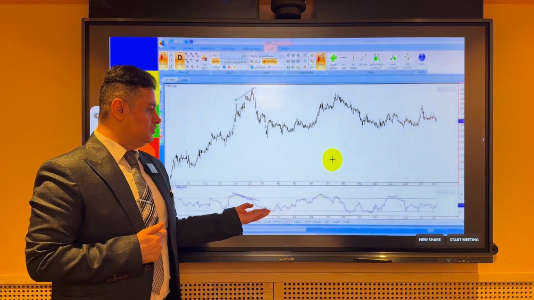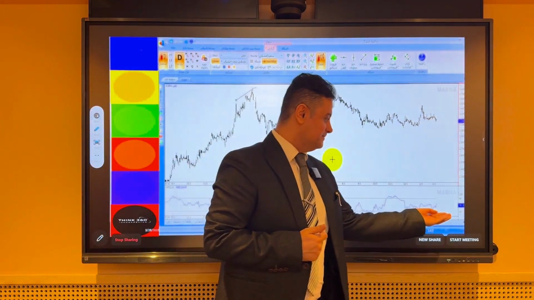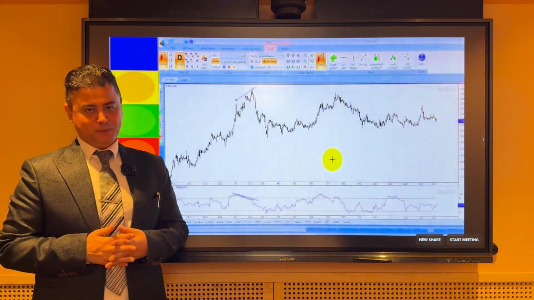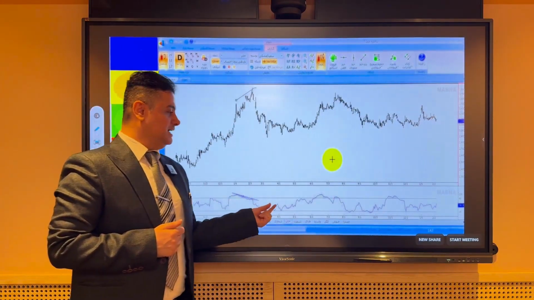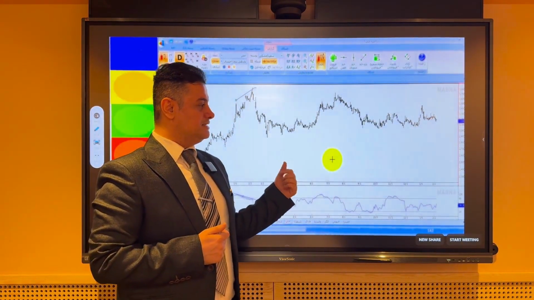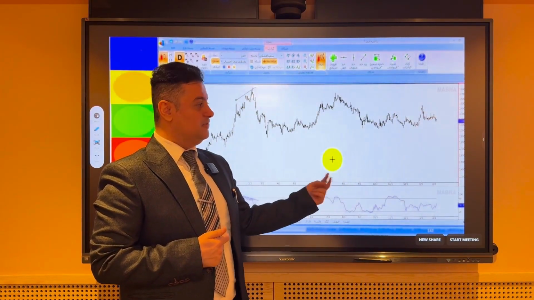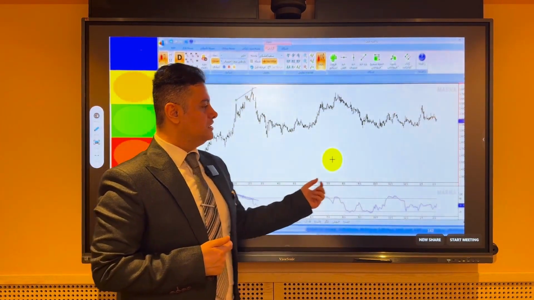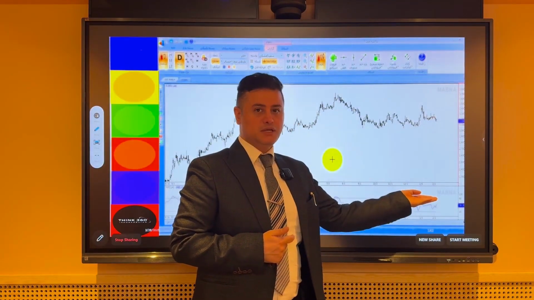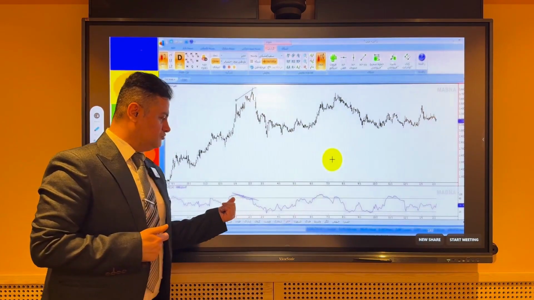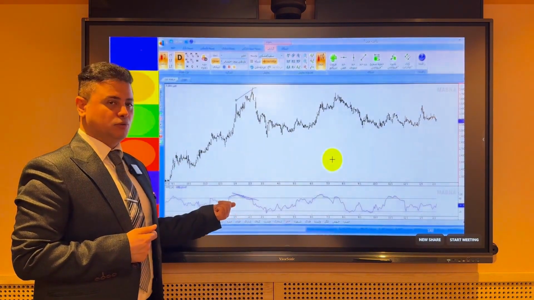For the MFI, we consider two areas, 20 and 80. The RSI had areas of 30, 50, and 70 between 0 and 100, while the MFI only has two areas, the 20 area and the 80 area, and the movement of the MFI in different areas also gives you signals.